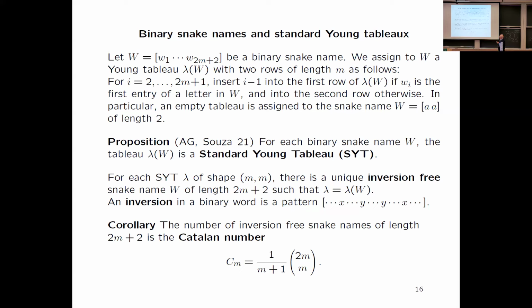And this is a way to assign a standard Young tableau to a binary snake name. First of all, since it's a binary snake, each letter appears exactly twice. So the Young tableau has two rows of length m, where note that our snake has 2m plus 2 letters.